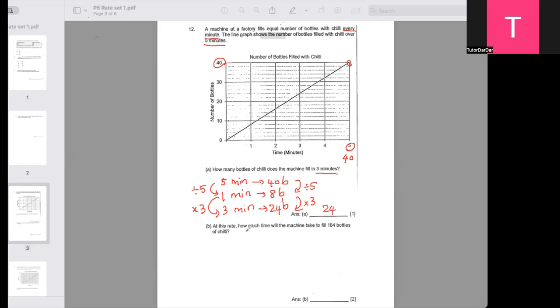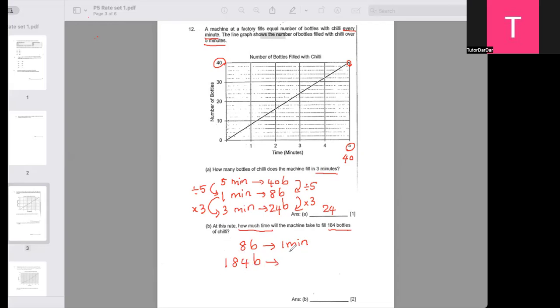Now, at this rate, how much time will the machine take to fill 184 bottles? Now, we know 8 bottles is 1 minute. If 184 bottles, what do we do?